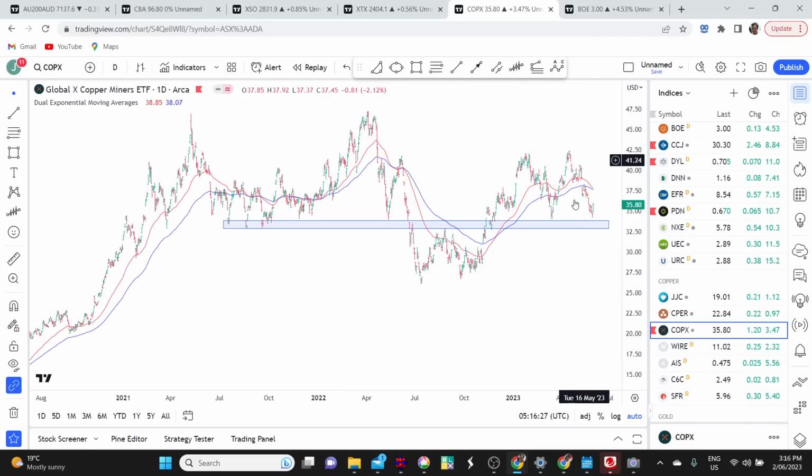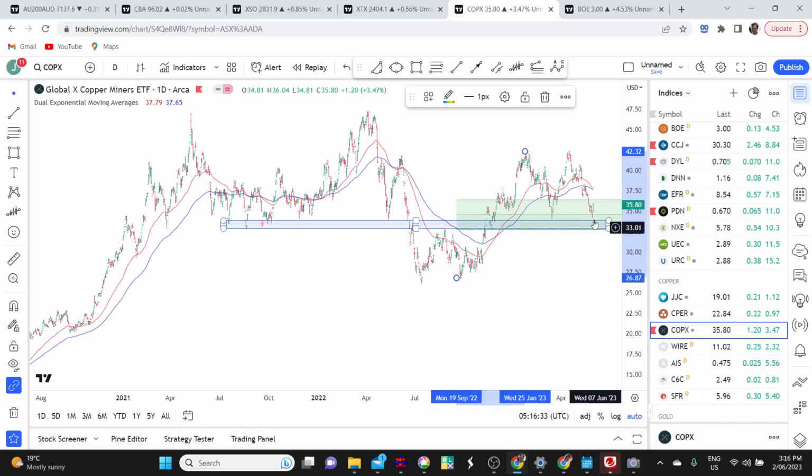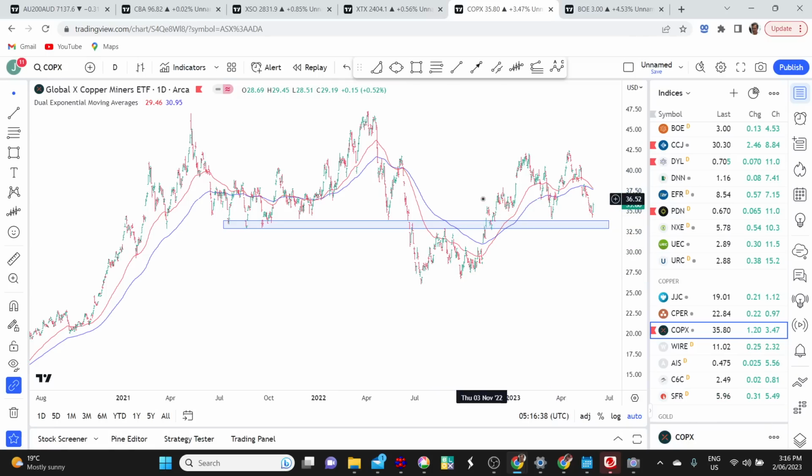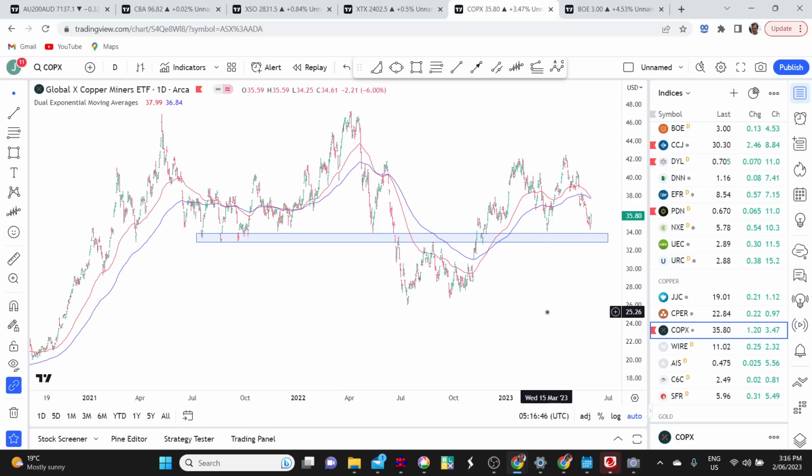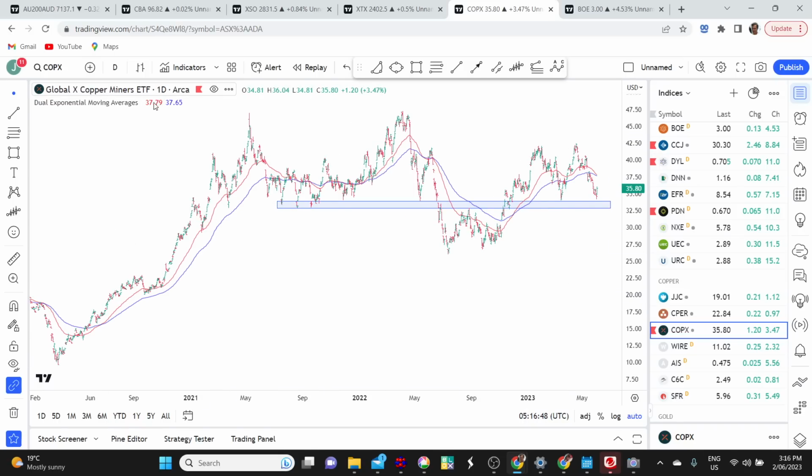And we've also got the prospect that the price has come back to support, and we put some Fibonacci retracements on. We can see we're right back to that Fibonacci range. So I don't like buying dips below moving averages, but this is one I want to keep an eye on. And maybe this will shape up as an entry point into a copper ETF.